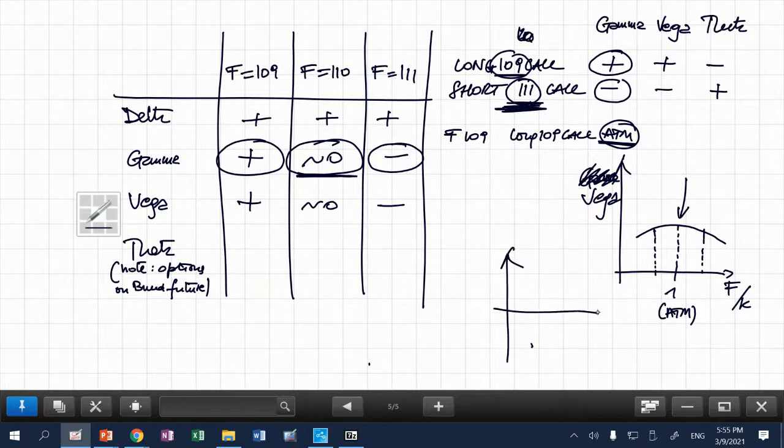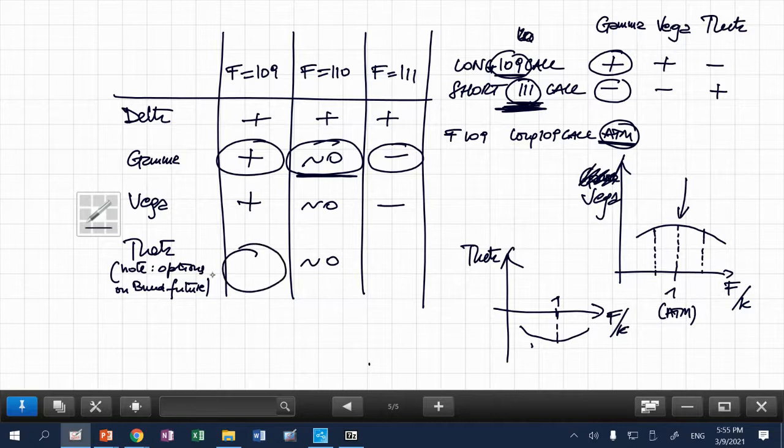From the point of view of the behavior of theta, relative again to the moneyness, theta works more or less in this way, especially for options on Bund futures. So you have the maximum theta in absolute value again for the at the money case. What is the consequence? If the future is at 110, theta is close to 0, because you have two opposite thetas that balance each other.